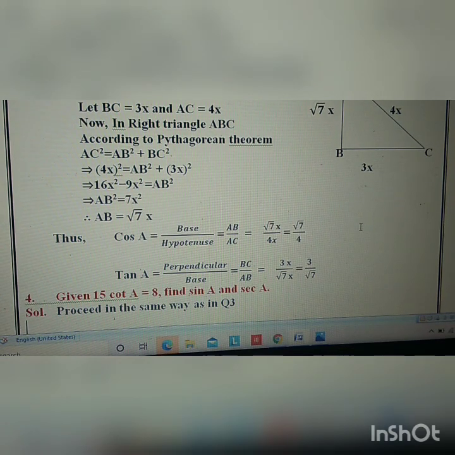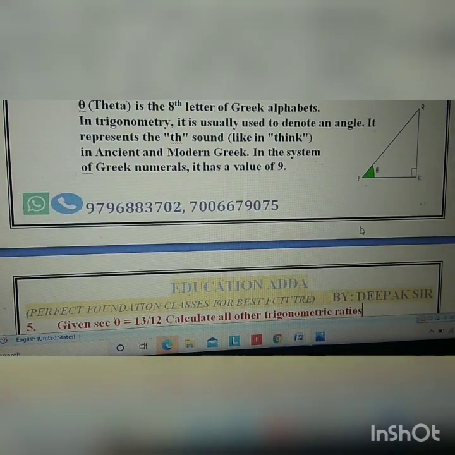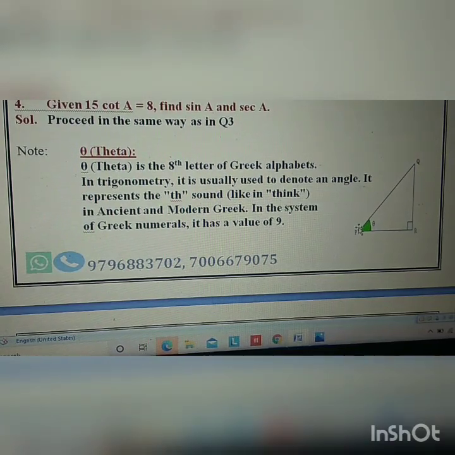Now let me give you some information about a simple term, theta, which we have used a number of times.